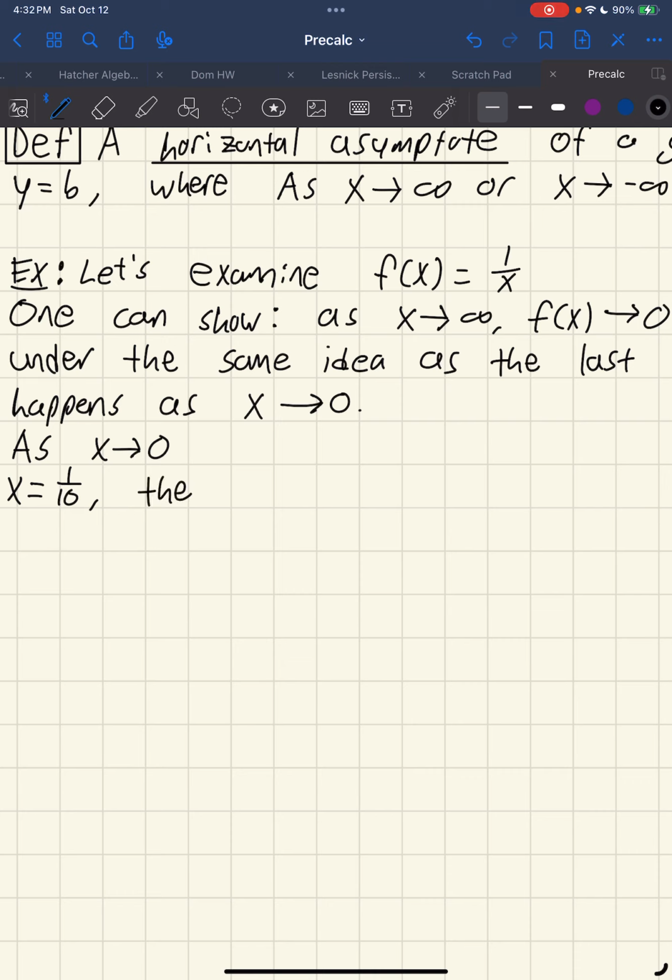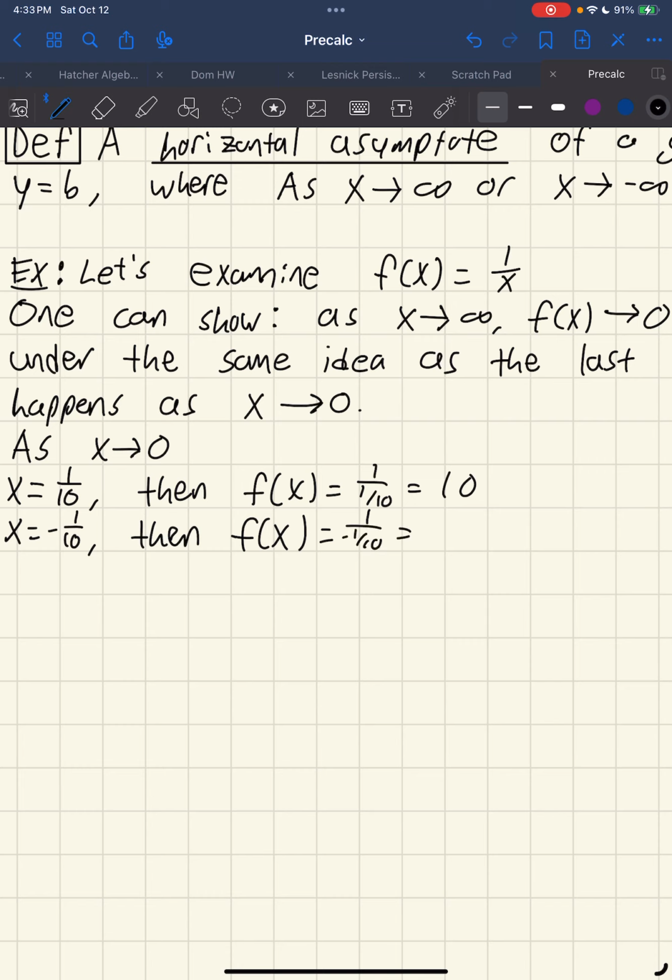Well, then, if you're good with your keep, change, flip, f of x is going to be 1 over 1 over 10, which is just 10. I'll let you figure out the details there. But if x is negative 1 over 10, then f of x is going to be 1 over negative 1 over 10, or keep, change, flip, negative 10. Similarly, let's do 1 over 100, positive and negative.